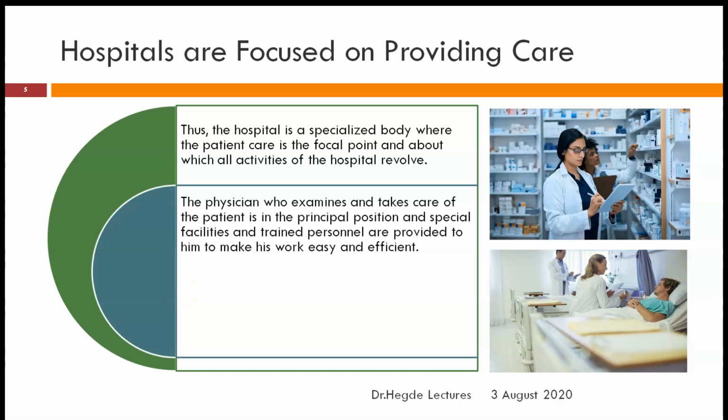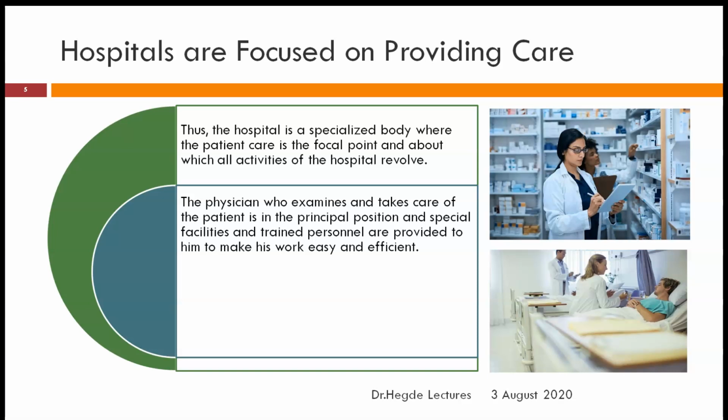The physician who examines and takes care of the patient is in the principal position, and special facilities and trained personnel are provided to him to make his work easy and efficient, isn't it? Because in any healthcare, the physician is a key person.